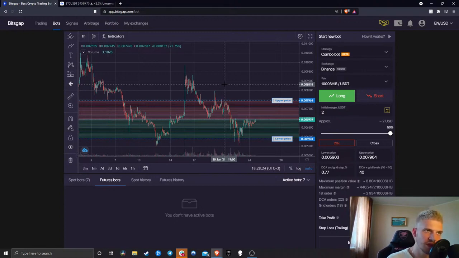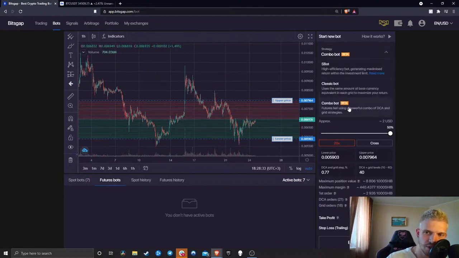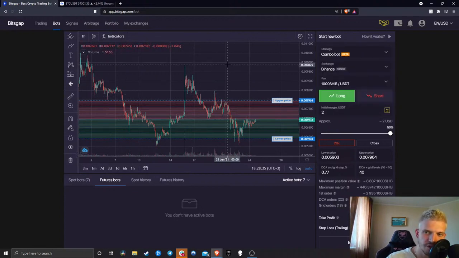So lots of things to be tested, but I'm telling you that the combo bot is not the only one that we have for the futures market. The time-tested combo bot is a vital input for the next bot, because we take the strengths and weaknesses of the current version of the combo bot so that we can improve it.